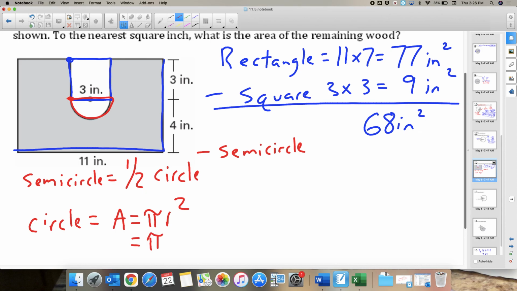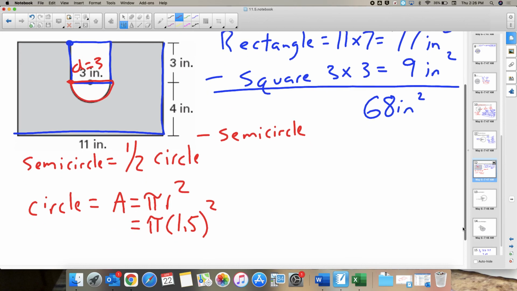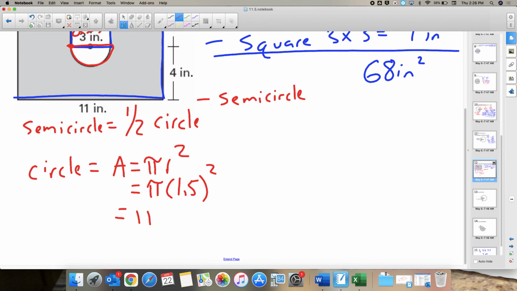So it's pi times, since my diameter is 3, my radius is 1.5. So we have pi times 2.25.